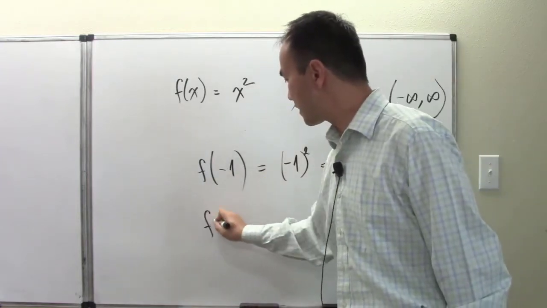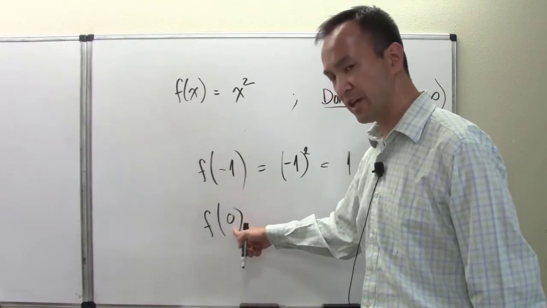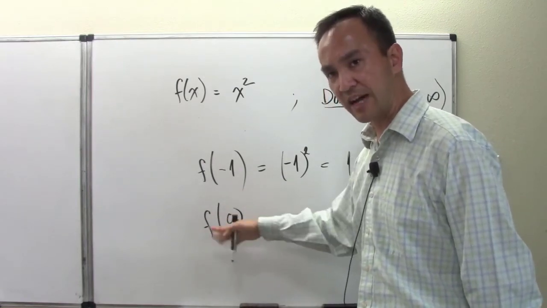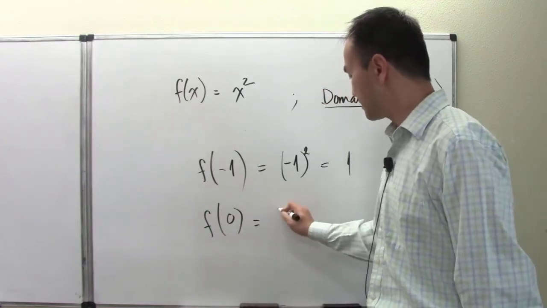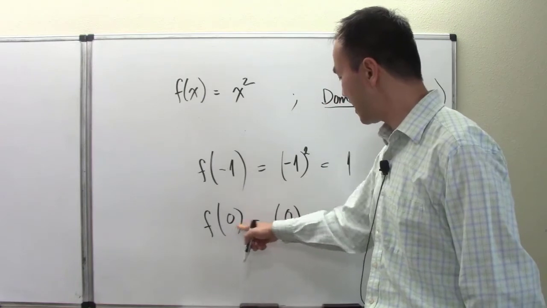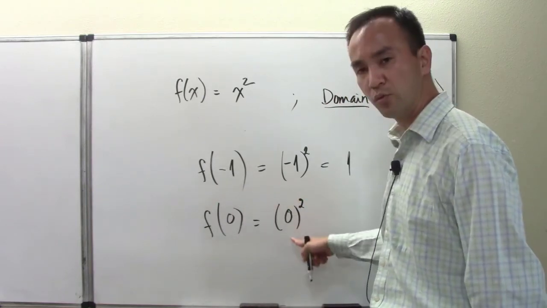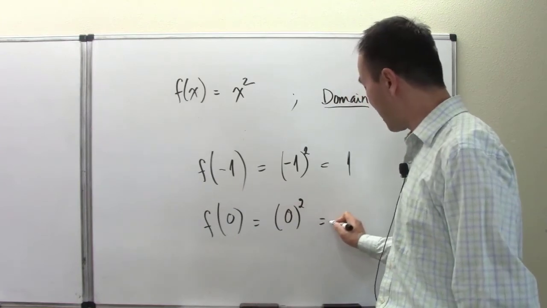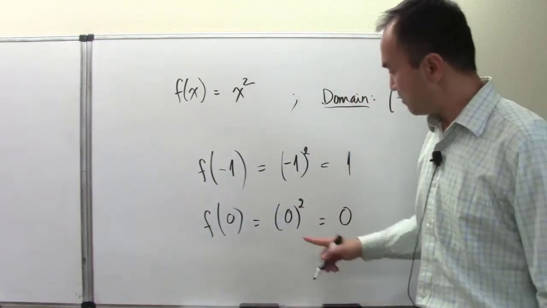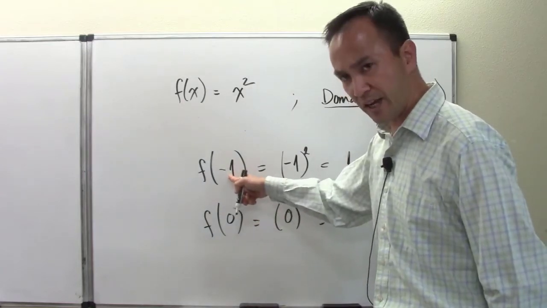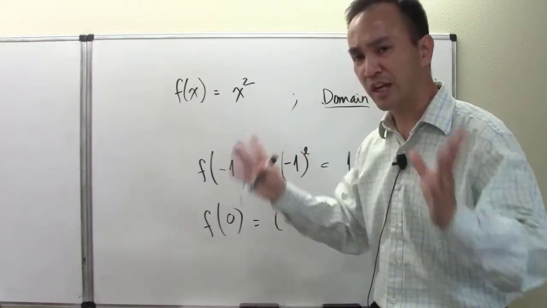Now, let's try a different one. How about 0? This is an input. f at 0, that's how we say the notation. Now into the actual rule, we square the input, and we come out with an output of 0. Now, I tried a negative input, and the idea is to start thinking outside of the box.